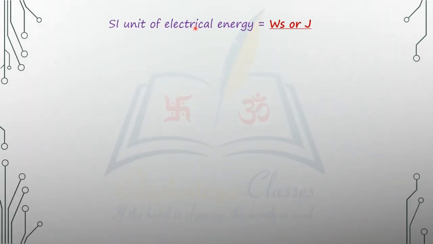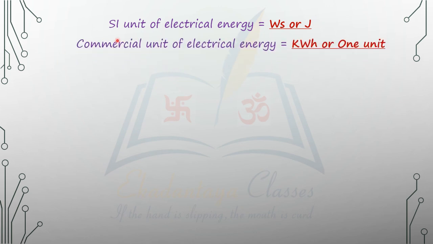SI unit of electrical energy is watt-second, or J. J means joules. Commercial unit of electrical energy is kWh, kilowatt hour, while Ws means watt second, or 1 unit.